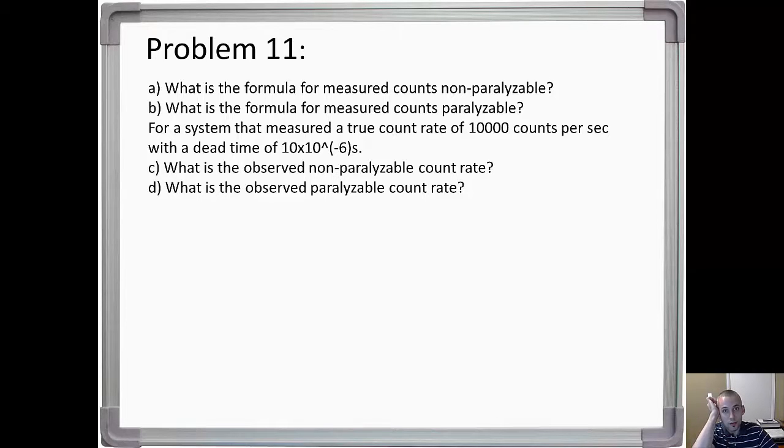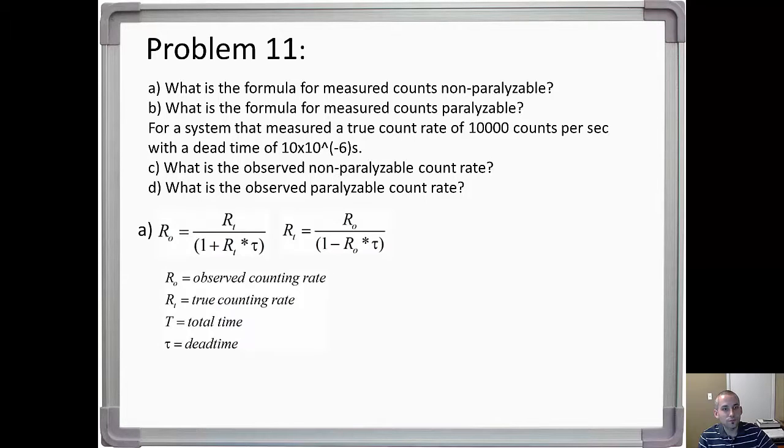Okay, last and final question is problem 11. Part A. What's the formula for measured counts in a non-parallelizable system? So this is the formula. R0 is observed counting rate. RT, true counting rate. T is the total time.